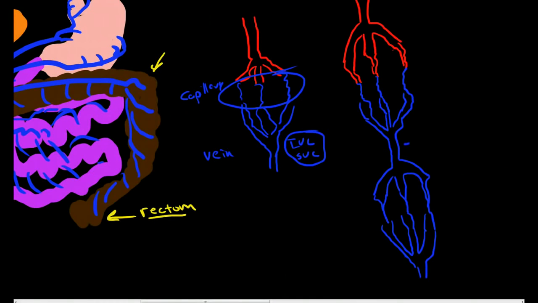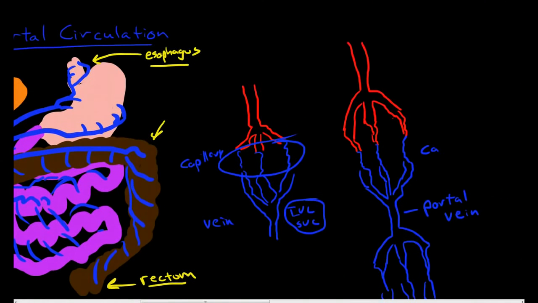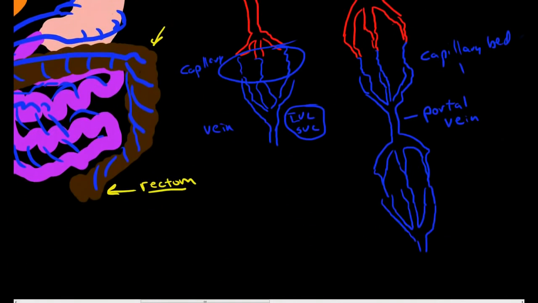Okay, so we have here a portal vein, and then we have capillary bed 1, and capillary bed 2. So a portal vein is essentially just a vein that lies between two interconnected capillary beds.